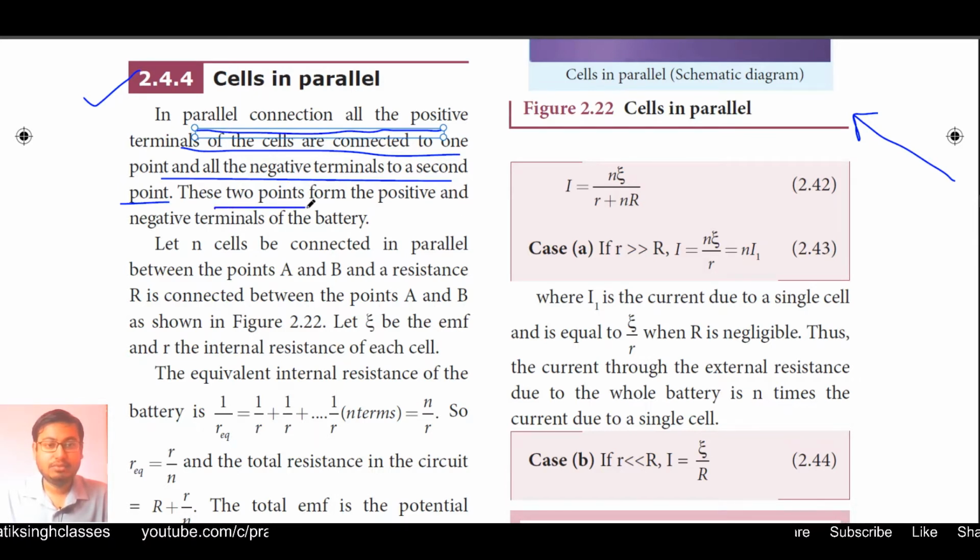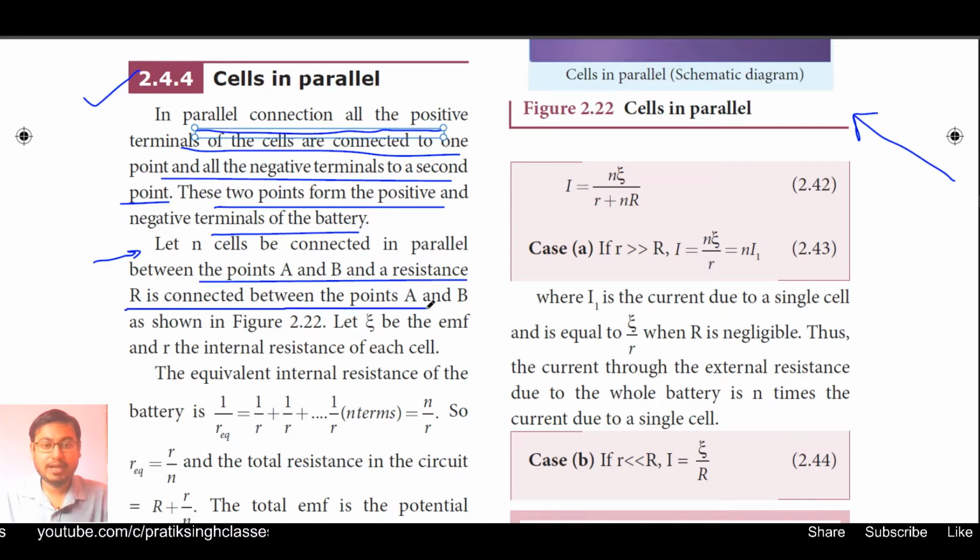These 2 points form the positive and negative terminals of the battery. Suppose there are n cells connected in parallel between the points A and B, and a resistance R is connected between the points A and B as shown in figure 2.22.